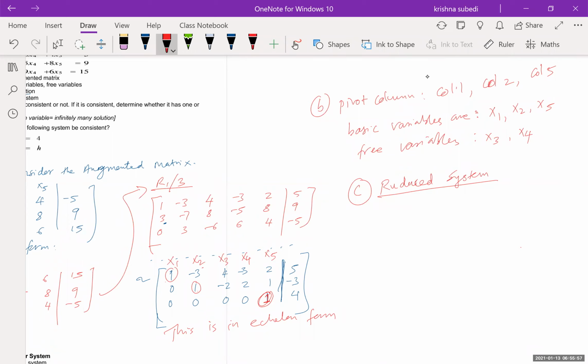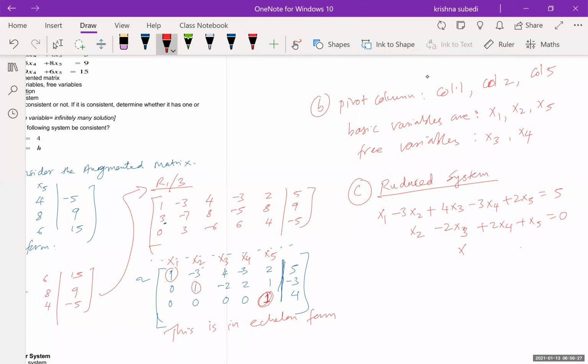All right. So the reduced system will be x1 minus 3x2 plus 4x3 minus 3x4 plus 2x5 equals 5. Next row will be x2 minus 2x3 plus 2x4 plus x5 equals 0.